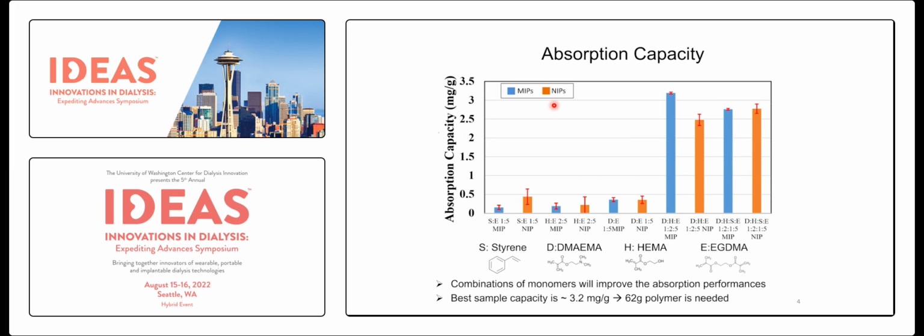As we can see here, when we only use one kind of interaction, whether electrostatic interaction, hydrogen bonding, or pi stacking, the capacity is pretty low. But when we combine two or more interactions, such as hydrogen bonding together with electrostatic interaction, we get polymers that have very high capacity.